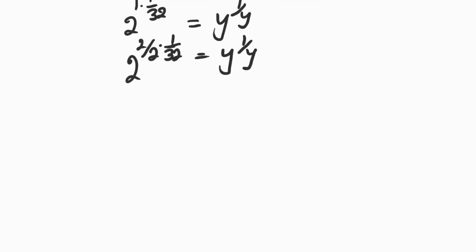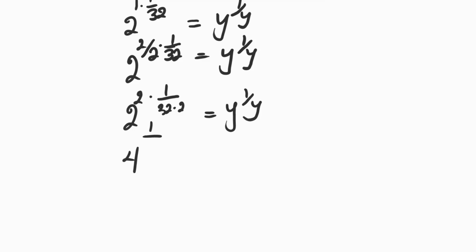So now we're going to rewrite this to become 2 raised to the power 2 times 1 over 32 times 2. So this is now 4 to the power 1 over 64 equals y to the power 1 over y.